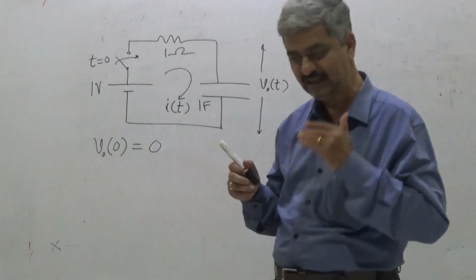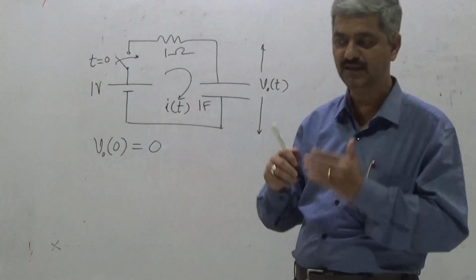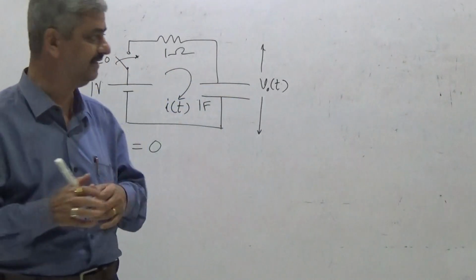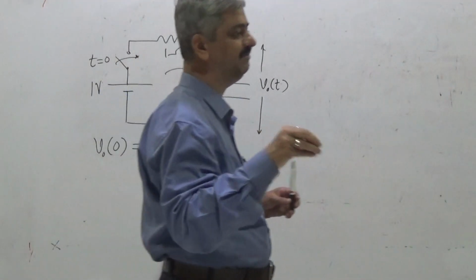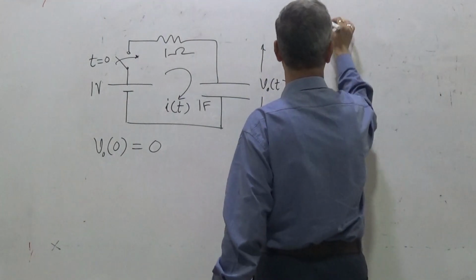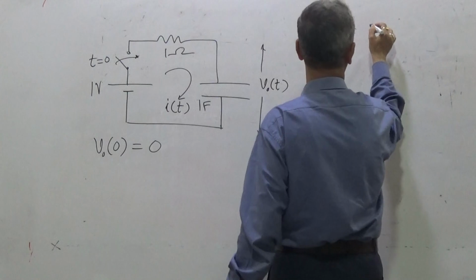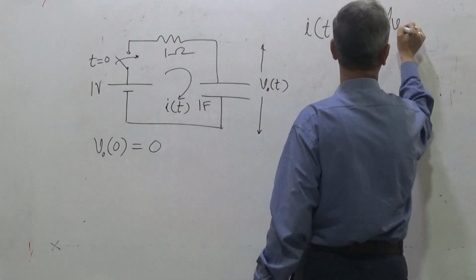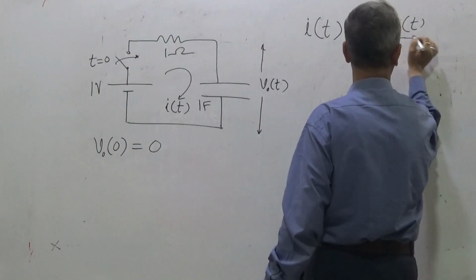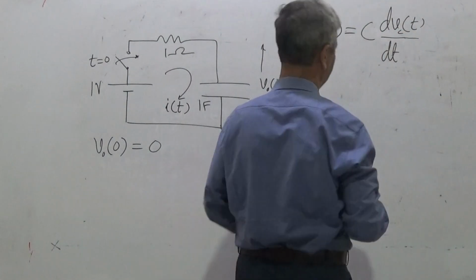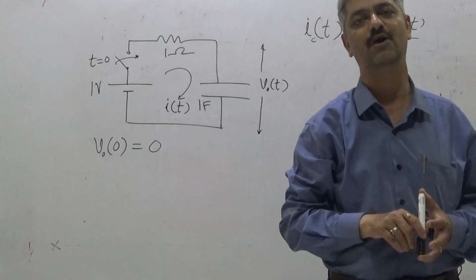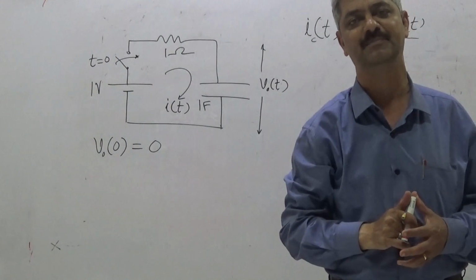So in the henceforth discussion, even if there may be some gap in understanding of some contents, what would be extremely useful to you is, even if you remember just this equation, I(t) is equal to C dV(t) upon dt, with a subscript C, that is, capacitor current is capacitance into rate of change of voltage across the capacitance.